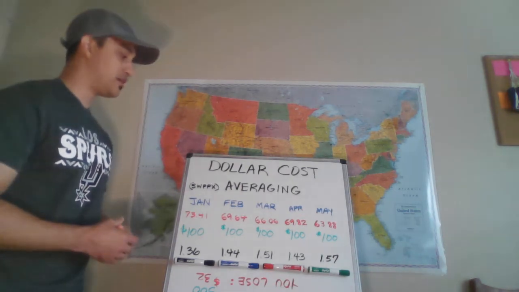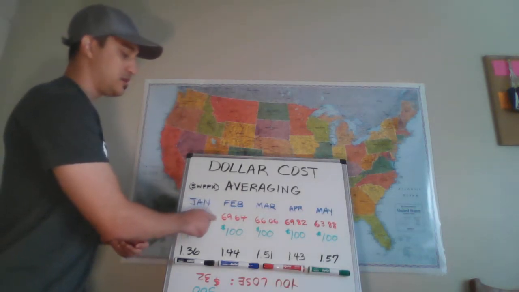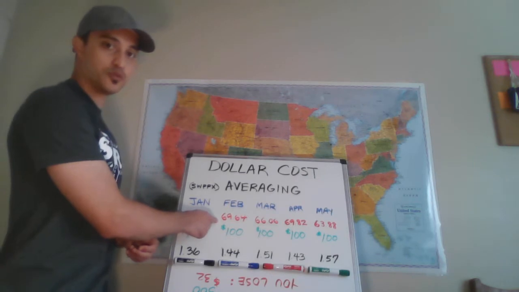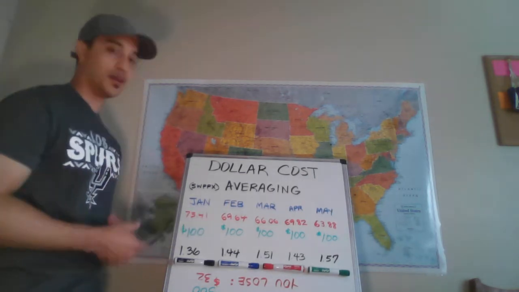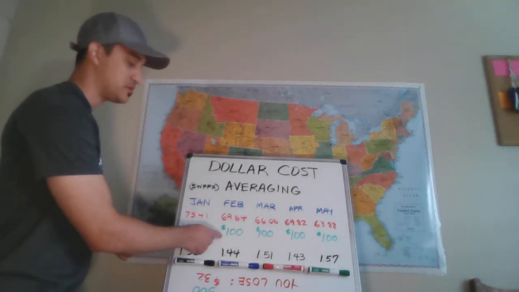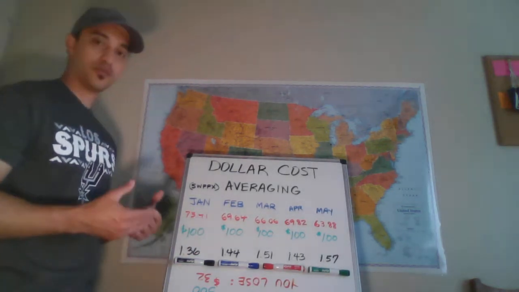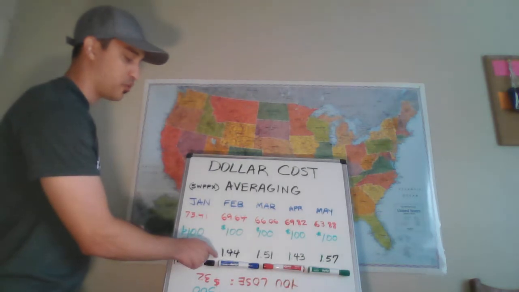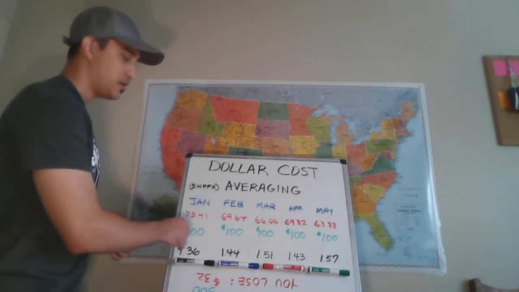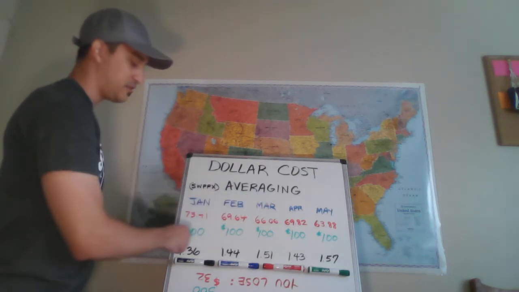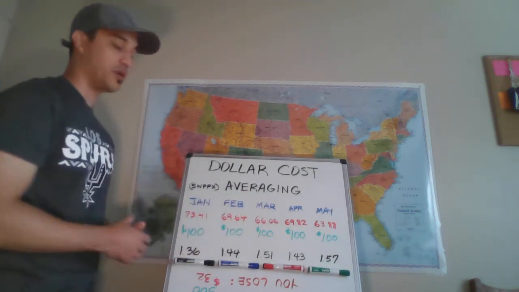Okay. Now in February, the NAV of this mutual fund was $69.64. Again, they invested $100 into this mutual fund, and they were able to buy 1.44 shares of this mutual fund. Now, if you notice, for the rest of the months, they're investing $100 every single month.